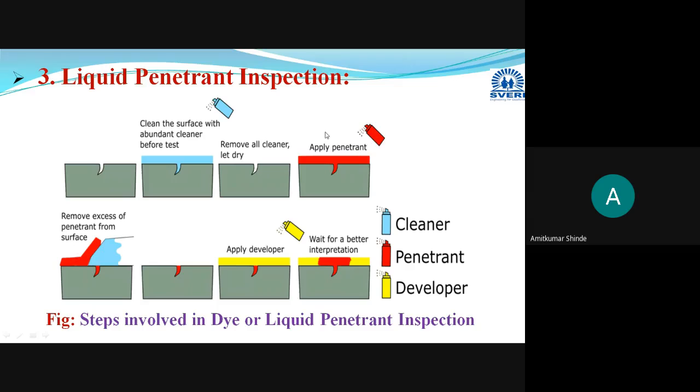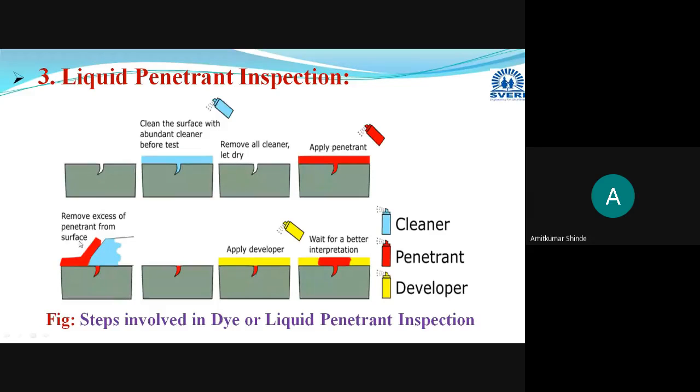The penetrant liquid has a reddish color, though you can use different colors. Generally a reddish color penetrant is applied on the surface. This is the third step. First is cleaning, then second is drying, and third is application of the penetrant. On the surface, penetrant is applied with the help of this bottle by the spraying method.